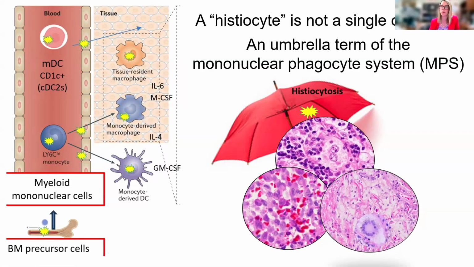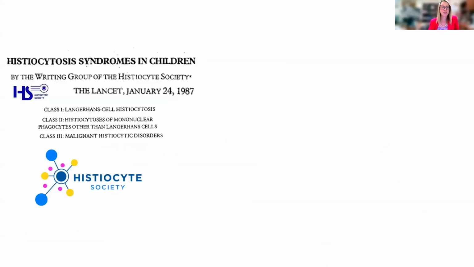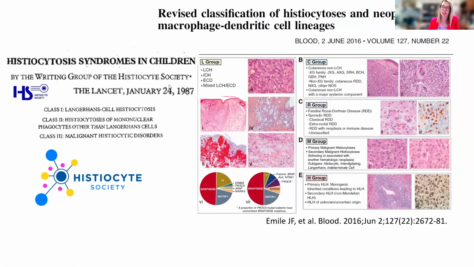So just remember that this is an umbrella term. It's been nearly 40 years since the original classification grouping, and while things have changed, there's still basically these three major groups of the LCH, non-LCH, and malignant neoplasms.